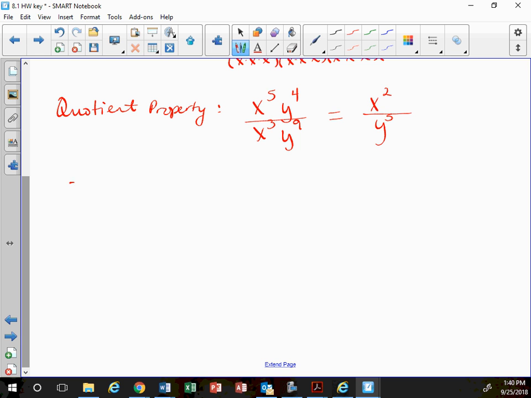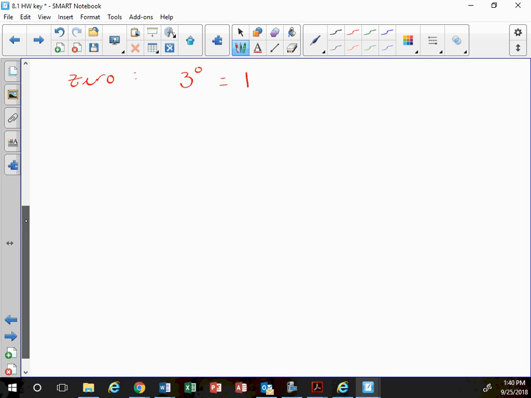A 0 exponent. What if I have 3 to the 0? It's 1. We have negative exponents.